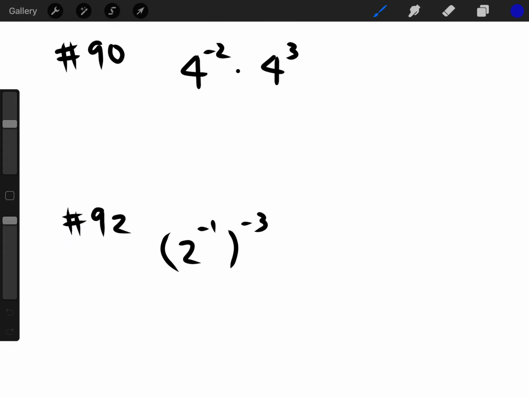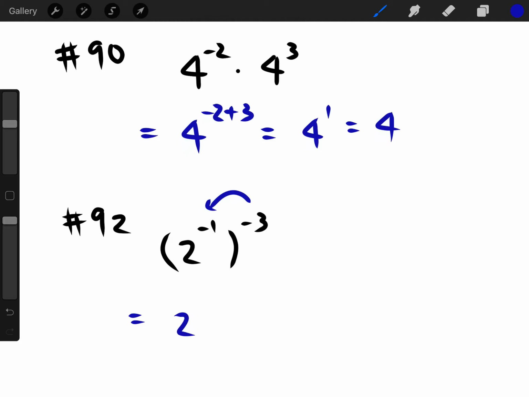If you multiply the terms, then you're going to be adding the exponents up. So you're going to have 4 to the -2 plus 3, and you're going to have 4 to the first power, which equals 4. And if you have an exponent of an exponent, you're going to multiply the exponents.